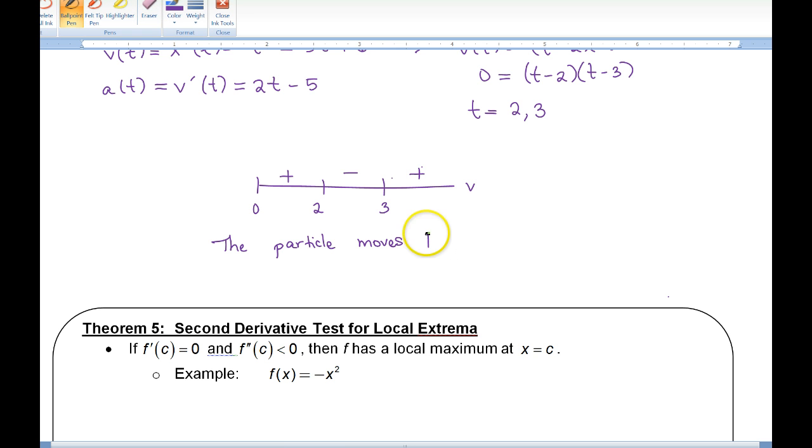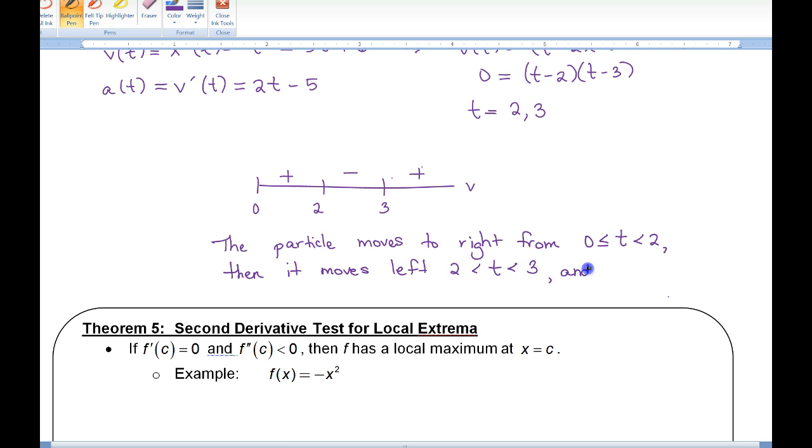So the particle moves to the right from 0 to 2 seconds. Then it moves left from 2 to 3 seconds, and then moves right for t greater than 3 seconds.